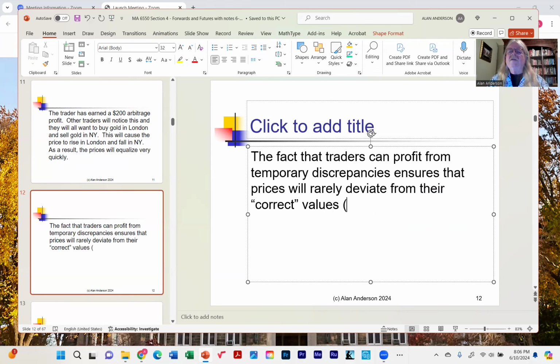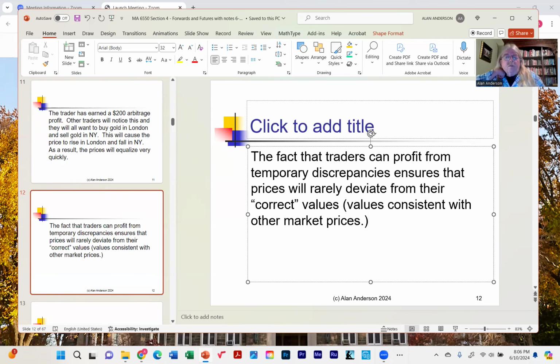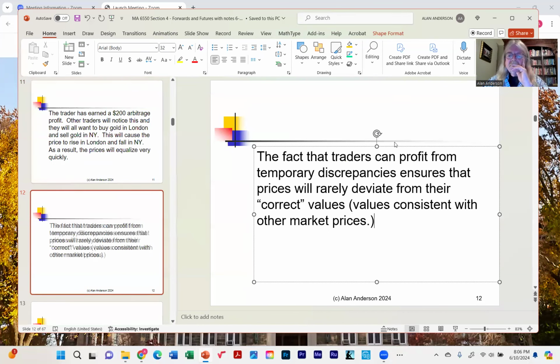In other words, values consistent with other market prices. So in other words, markets are incredibly efficient at this point in time. So arbitrage doesn't pop up very often, but because of that, it means that these prices don't usually deviate, rarely, if ever.